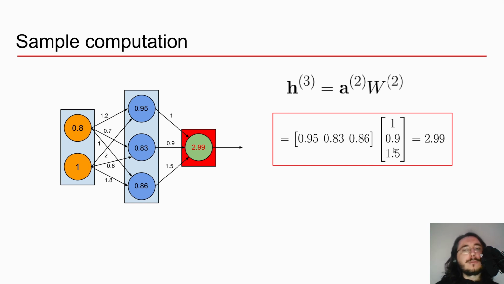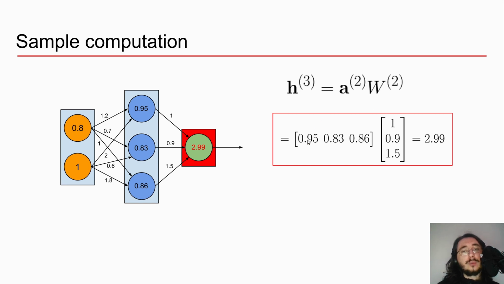So it's a 3x1 matrix, and that's because we only have one output neuron, and so basically we only have one incoming connection for each of the neurons in the second layer.